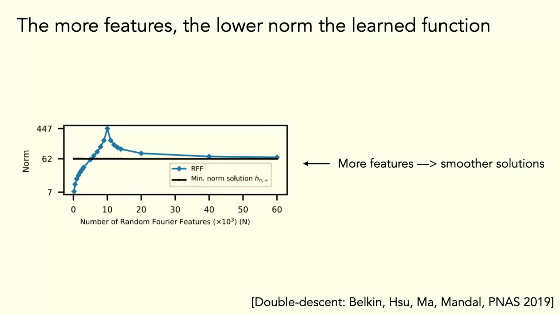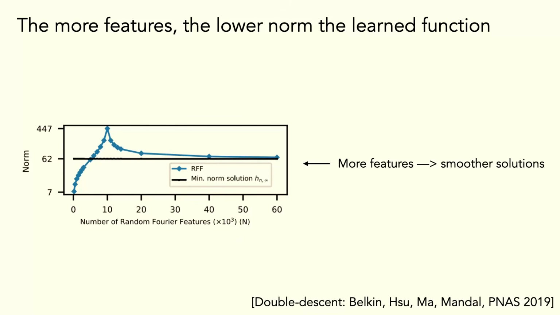But then what happens is, as I add more and more features, the norm of the weight vector, the parameter norm, the size of that vector actually decays. So I have more features, but the weights I'm applying to those features are getting smaller and smaller in terms of their overall magnitude, the norm of the entire parameter vector. So more features means lower norm parameter solutions, in some sense smoother in a particular sense.